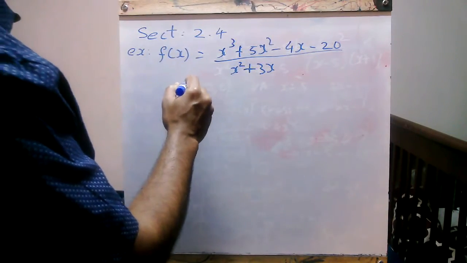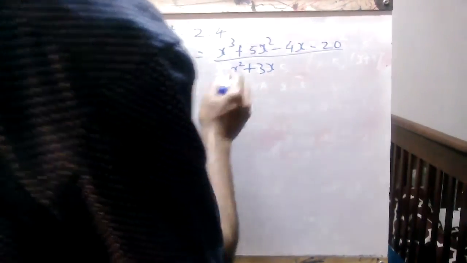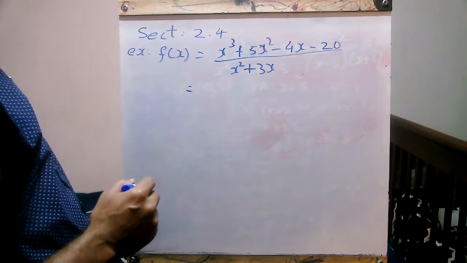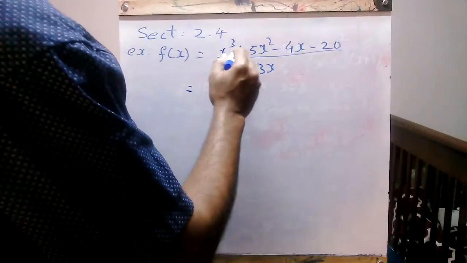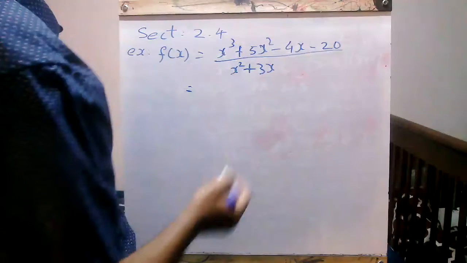Okay, let's factor this. Now on top we see we have 4 terms. We may wonder if we can factor this by grouping. So let's take the first 2 terms together and the last 2 terms together separately.